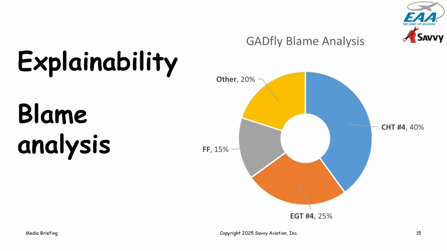In this case, CHT number 4 was 40% responsible for it highlighting the flight as anomalous and so on, so that it helps the analysts understand what the AI was thinking when it decided that the flight was anomalous.